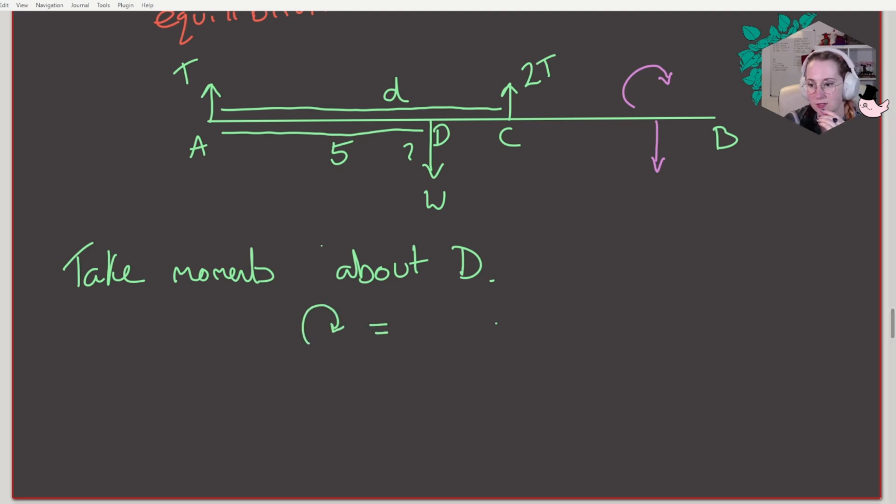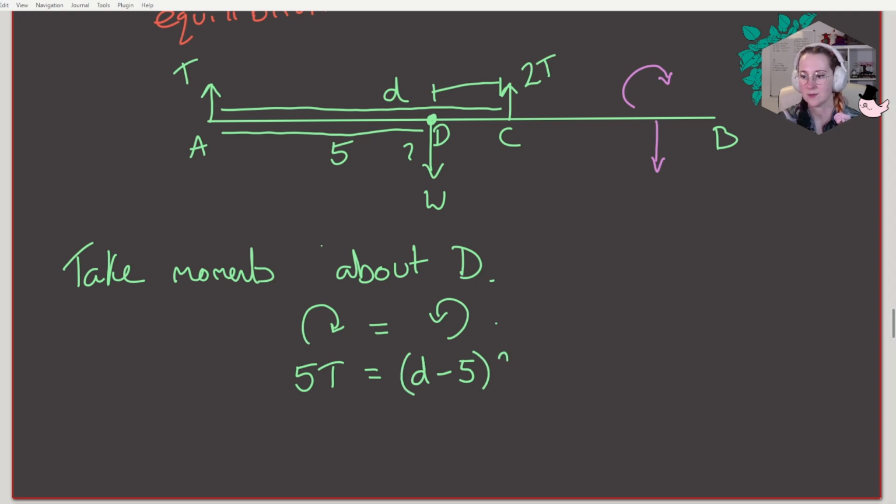So moments clockwise equal moments counterclockwise. Looking clockwise about D, what moves forwards? We have A, and it's T times 5, so we have 5T. Remember, force times distance. On the other side, we have however much this is as a distance, so d minus 5, times 2T.